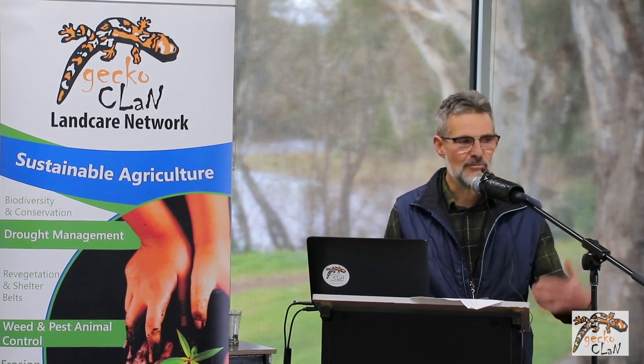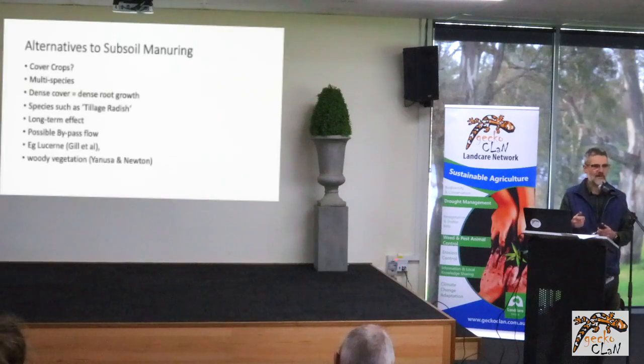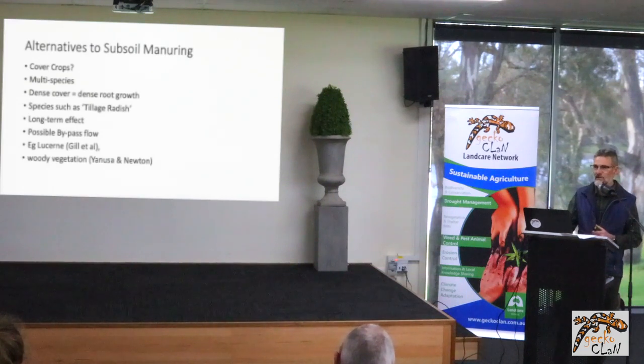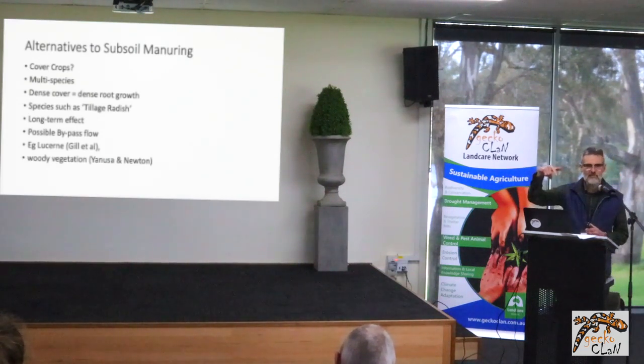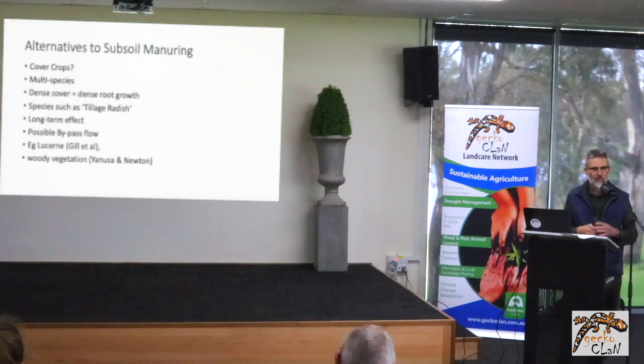Has anyone heard of bypass flow? What's that? So bypass flow has been shown if you grow stuff like lucerne, woody plants, they put down very large root systems, not like a cereal or a pasture where they have a big root volume.